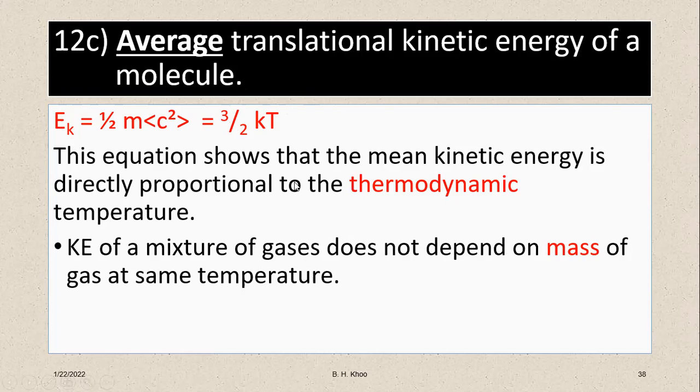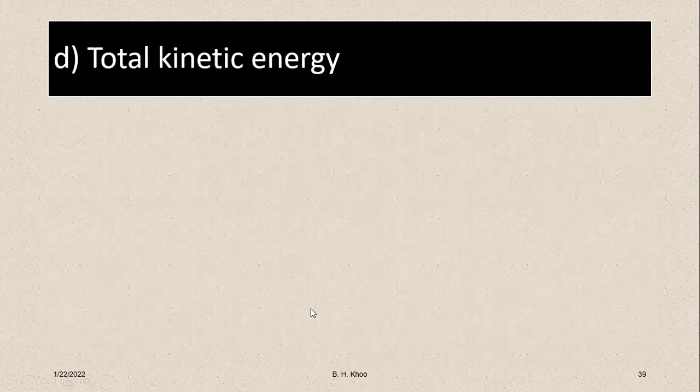We can see that there's no mass here. There's a kinetic energy. So it doesn't depend on the gas of the molecule. So if we have a mixture of gases in a container, all at the same temperature, then they have the same average translational kinetic energy. Okay? It doesn't depend on the mass or the speed.